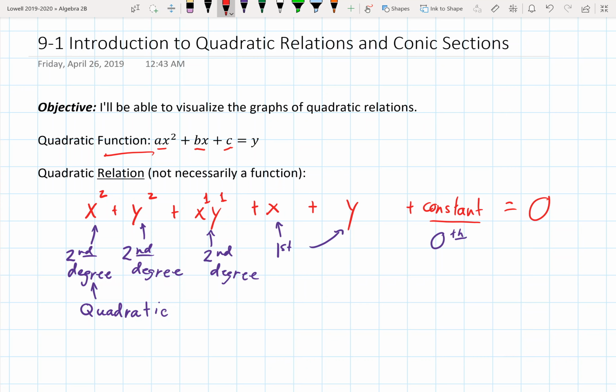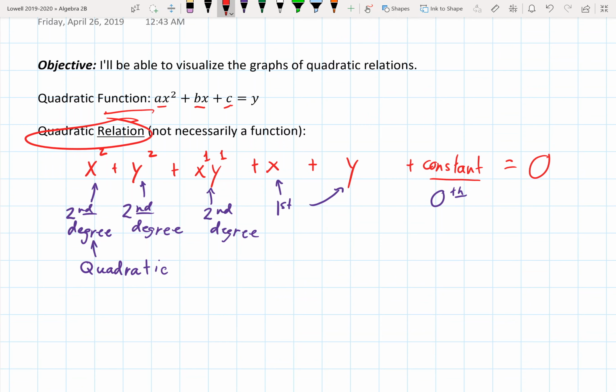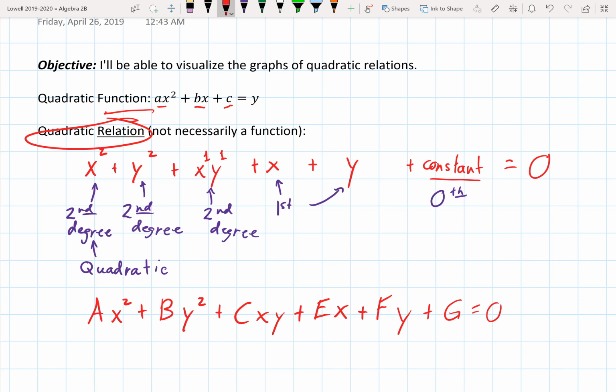Usually it would equal some constant, but it's nice to have everything on one side and then it equals 0. So a general form for your quadratic relation would be something x squared plus something y squared plus something xy plus something else x plus something y plus some constant equals 0.